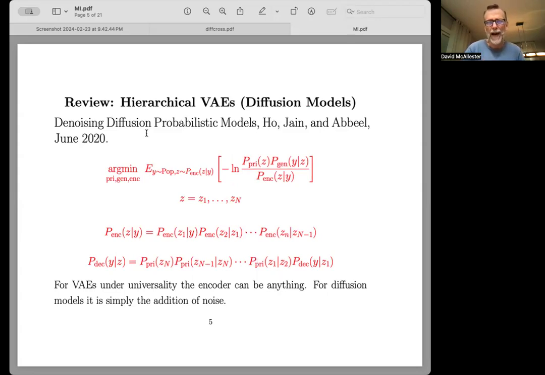And in a hierarchical VAE, the fundamental thing that makes it hierarchical is that we're going to take the latent variable, Z, to be a tuple. And we're going to define the encoder probability of Z given Y as a sequence of probabilities that autoregressively generate Z1 through ZN.